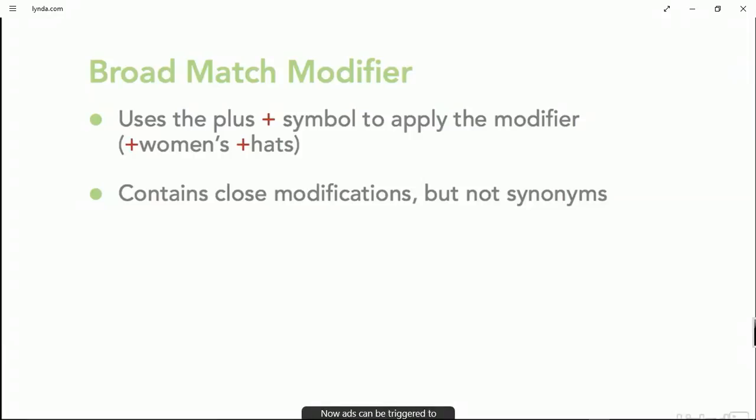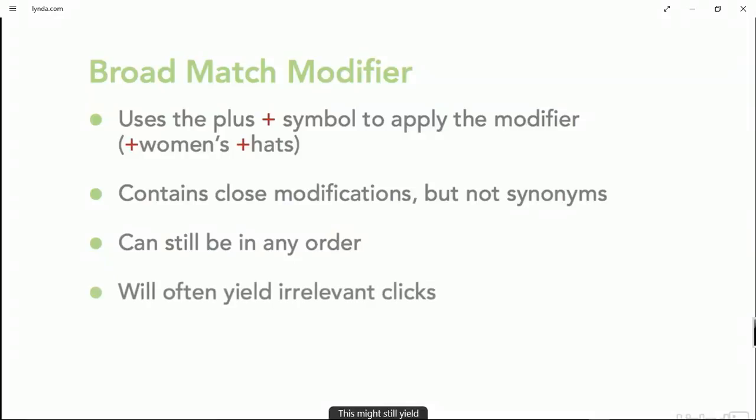Ads can be triggered to display for modified broad match keywords if the user query is a typical misspelling, an abbreviation, an acronym, but not a synonym. It's also important to know that with broad match modifiers, the keywords can still be in any order. Now, this might still yield you irrelevant clicks, but it's getting you closer to what you want to do.